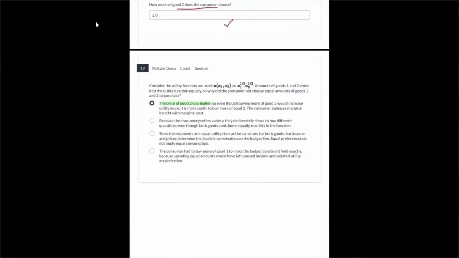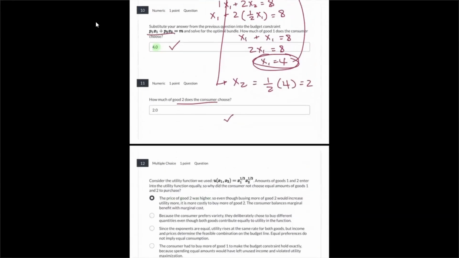And then finally, question 12 says, consider the utility function we use. x1 to the 1/2 and x2 to the 1/2. Amounts of goods 1 and 2 enter into the utility function equally or symmetrically. So why did the consumer not choose equal amounts of goods 1 and 2? We chose 4 units of good 1 and 2 units of good 2, probably because good 2 was more expensive.